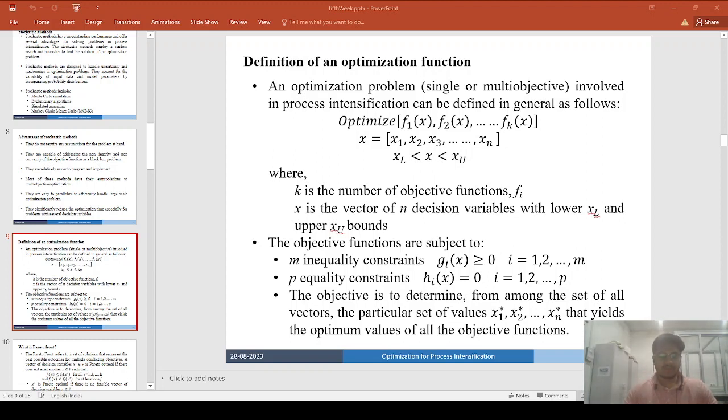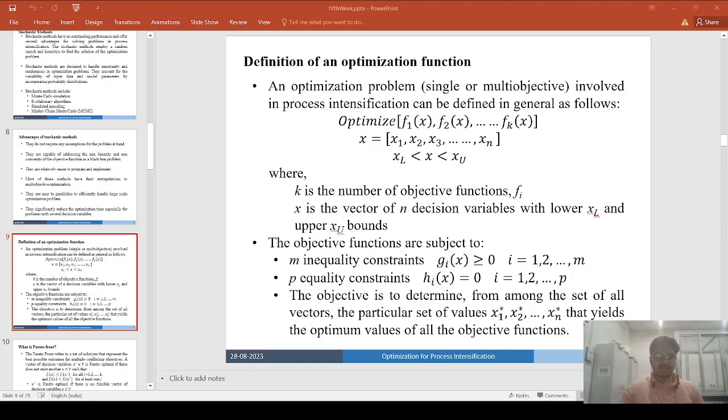So that makes up the vector capital F. And those several individual objective functions are a function of the variables, which is also a vector of n number of variables. So x1, x2, x3 till xn, and these variables have a lower limit of xl and an upper limit of xu.